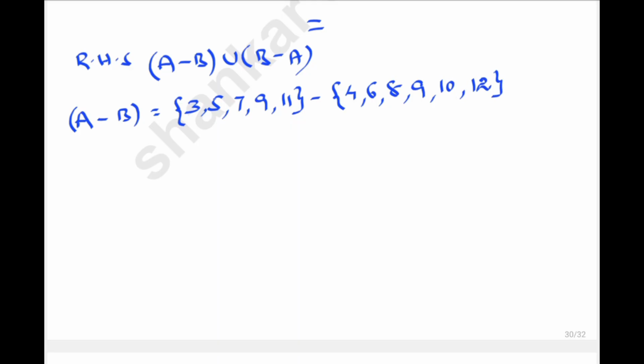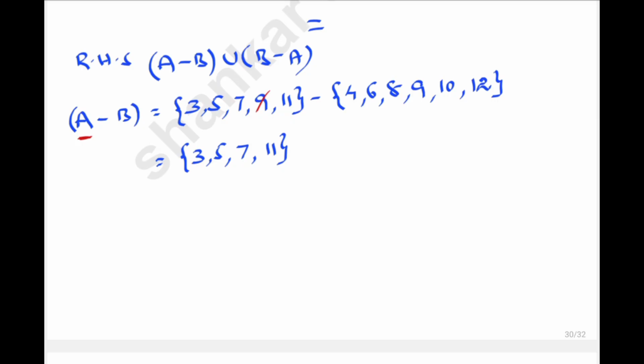So A minus B is the set which has elements belonging to only set A. Anything common in A and B, we eliminate. Look here, 9 is in set A, also in set B. So we have to eliminate 9. Okay. So 3, 5, 7, 11. So these are the elements which are only in A.